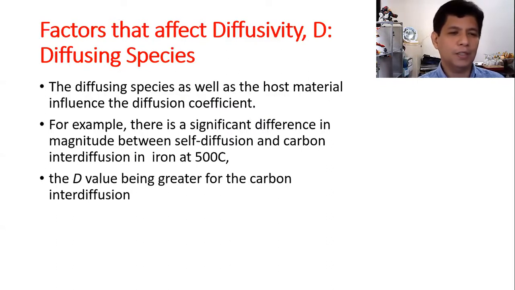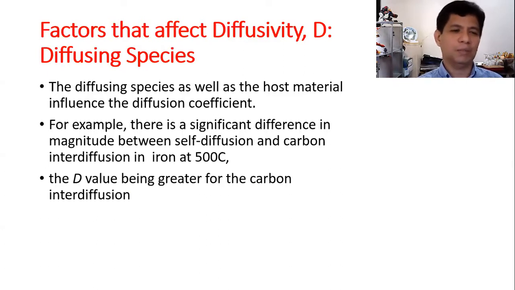So for example, there is a significant difference in magnitude between self-diffusion and carbon interdiffusion in iron at 500 degrees Celsius. Okay. Pag sinabing self-diffusion, ibig sabihin yung carbon mismo, magdi-diffuse siya dun sa carbon crystal. Siyempre, yung carbon crystal, maliit yung interstitial space niya. Pero pag yung carbon magdi-diffuse sa iron crystal, malaki yung interstitial space.